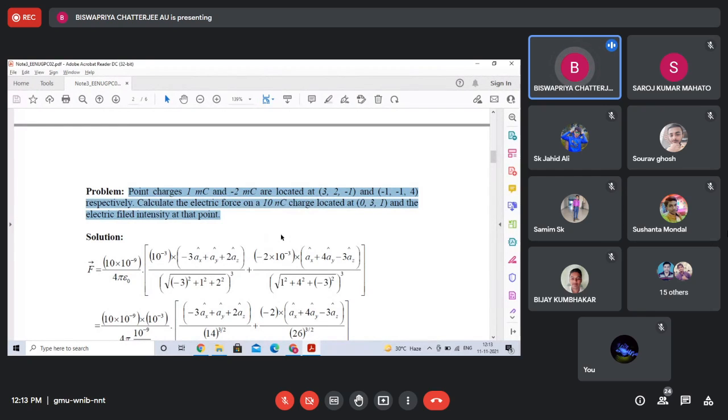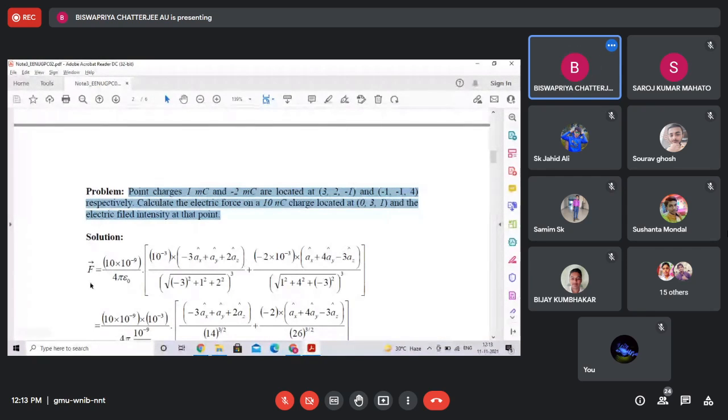There are 2 point charges, 1 millicoulomb and minus 2 millicoulomb, and their locations are given. The 1 millicoulomb charge is located at 3, 2, minus 1, and the minus 2 millicoulomb charge is located at minus 1, minus 1, 4, respectively.